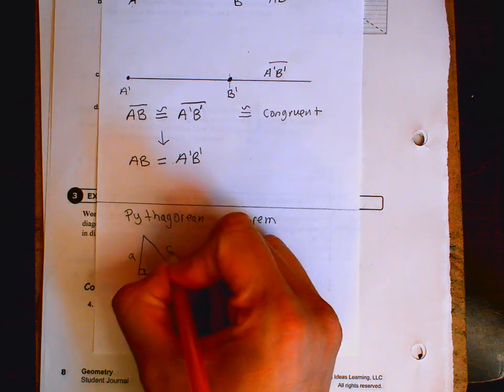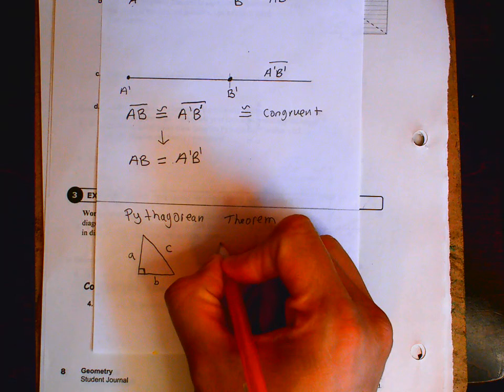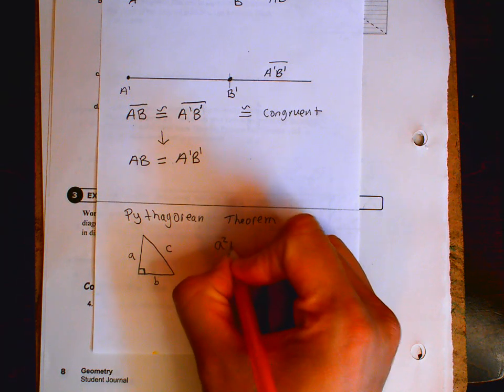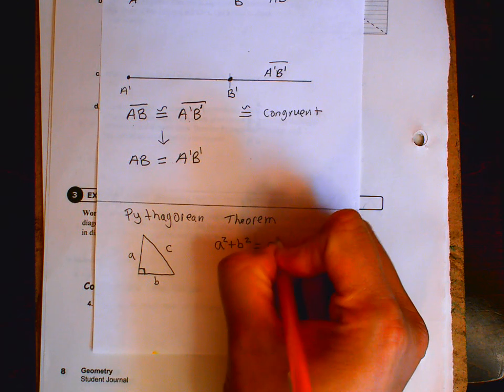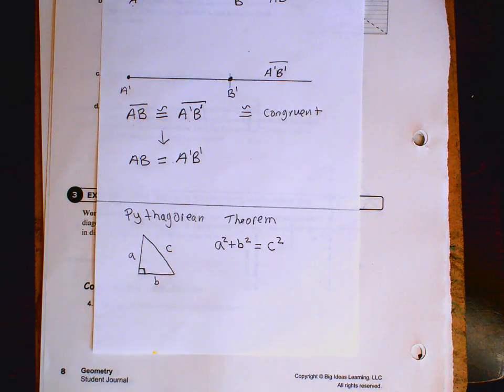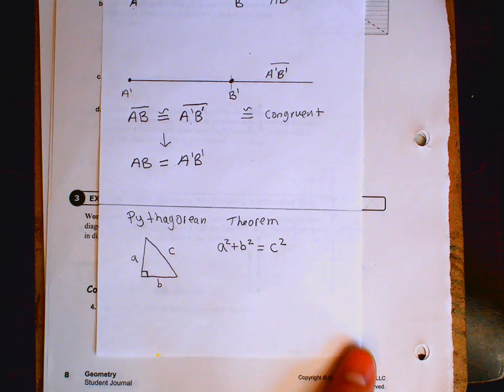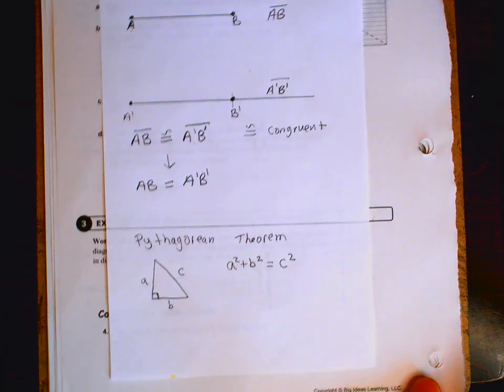We're going to call that C. So you might remember it: A squared plus B squared equals C squared. Okay, why am I mentioning it? Because we are going to need it later on. All right, so let's go ahead and move on to page 9.